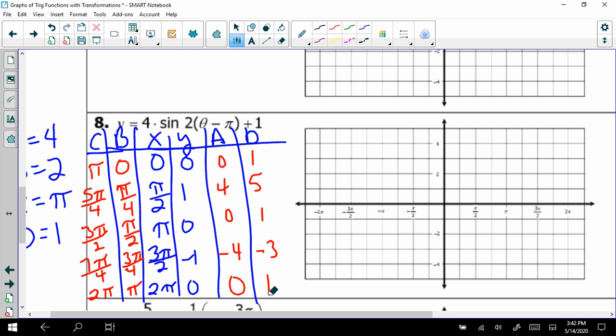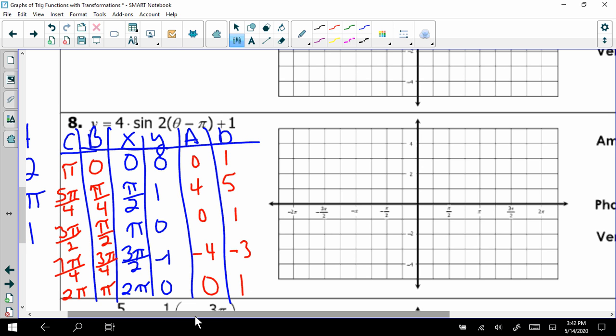Okay, here we go. We're going to actually plot these. So I'm using the numbers on the outside. These are no longer valid. So pi comma 1, pi comma 1. 5 pi over 4 comma 5.